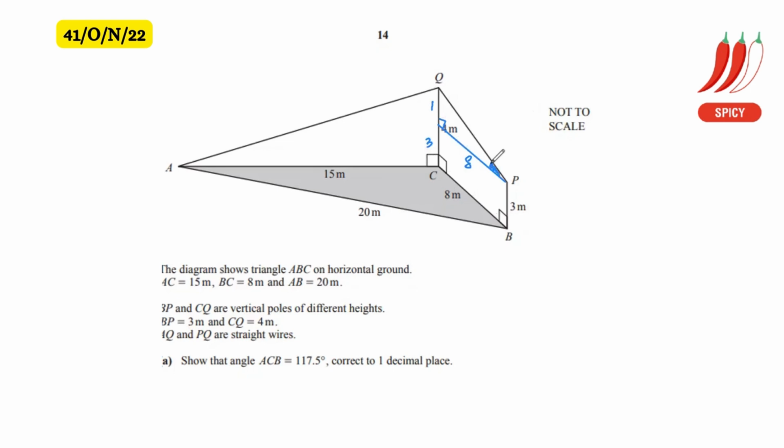They want us to find this angle. Tan theta equals opposite over adjacent. So theta would be tan inverse of 1 over 8, and that equals 7.13 degrees. That is your angle of elevation of Q from P.